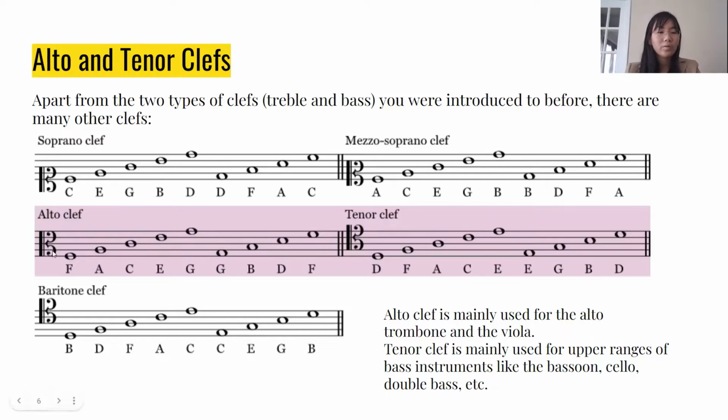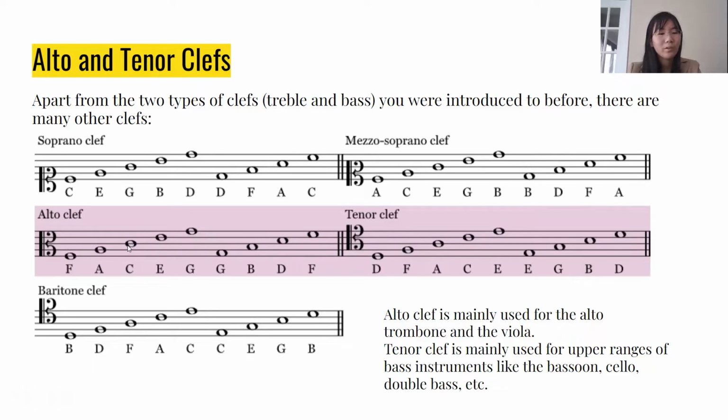So if you notice, all of these have the same shape. And usually when I first learned this, I used this point as a reference because this is where middle C is. So in the alto clef, middle C is right here. And in the tenor clef, middle C is right here.